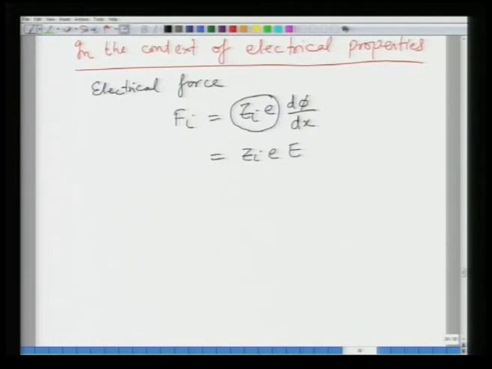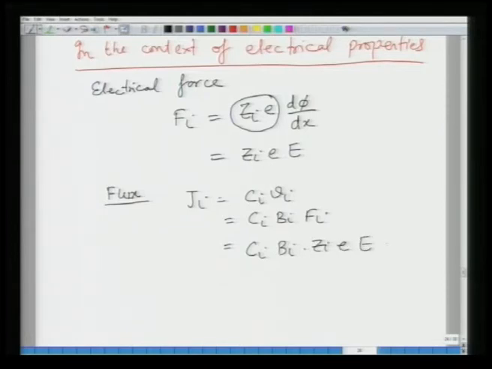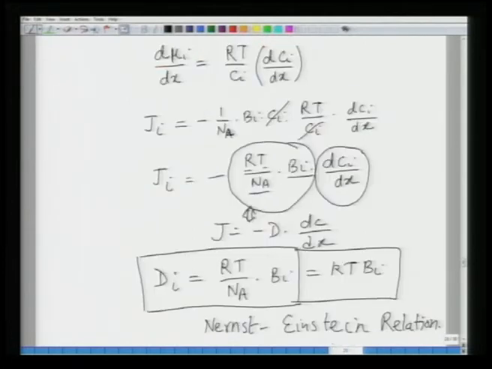So, if you use this relation, you can write the flux. We knew that it is nothing but Ci into Vi, and this is nothing but Ci into Bi into Fi, and this is equal to Ci Bi into Zi e into E, capital E. Okay. And I know what Bi is. If you look at the previous expression, Bi is equal to Di divided by kT.